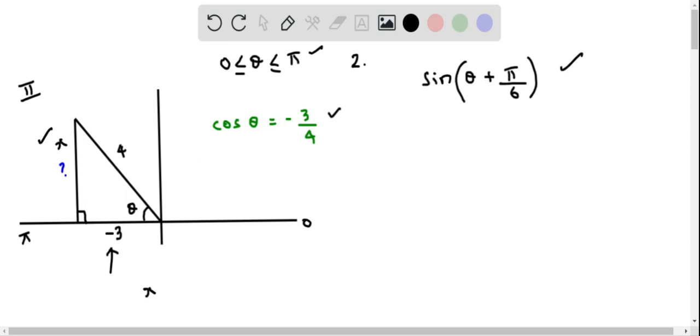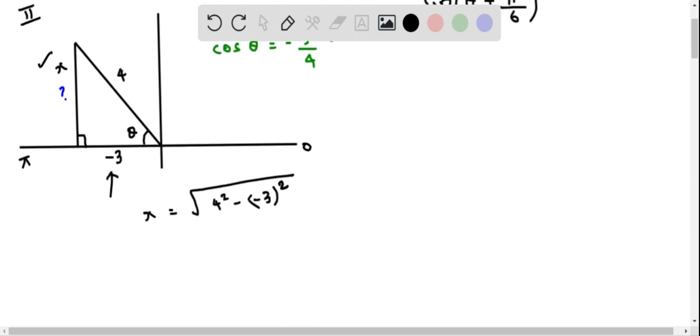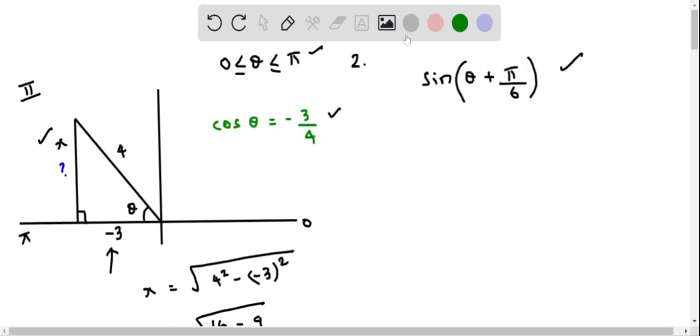We determine x, and this equals the square root of the hypotenuse squared, which is 4 squared, minus the square of the adjacent side, which is negative 3 quantity squared. So we can solve for x from this. This is 16 minus 3 squared, which is 9. And so this gives 16 minus 9 equals 7. So we have determined that the unknown side, or the opposite side to angle theta, equals root 7, which I'm going to mark here.